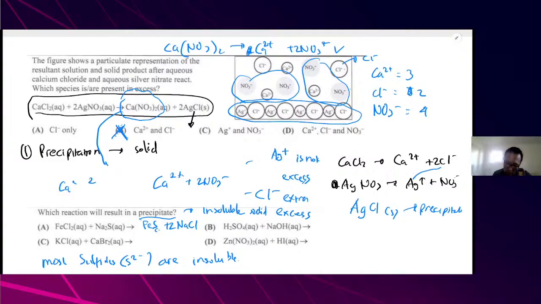This one will be solid. So the answer will be A. Like I mentioned, most sulfides are insoluble when they mix with a metal like Fe2 plus.